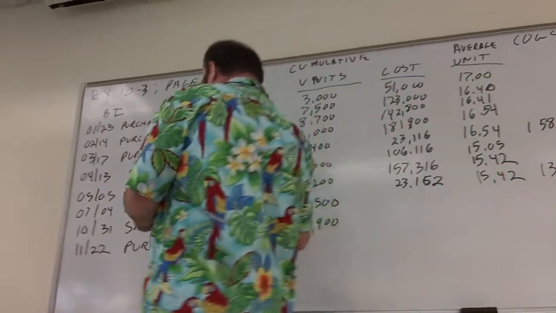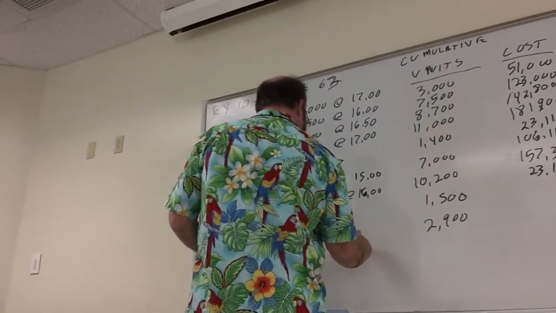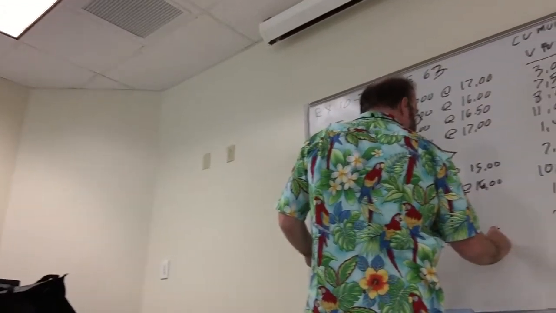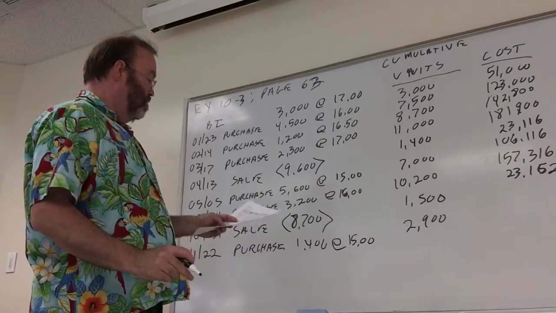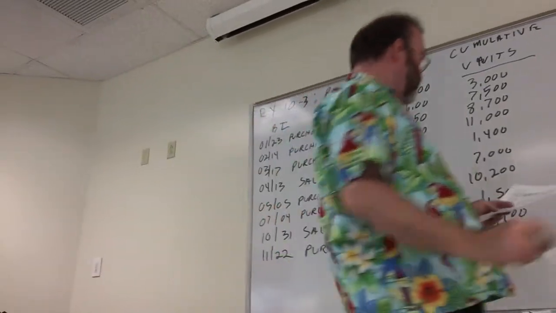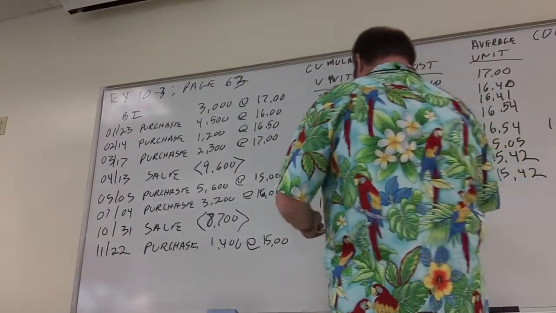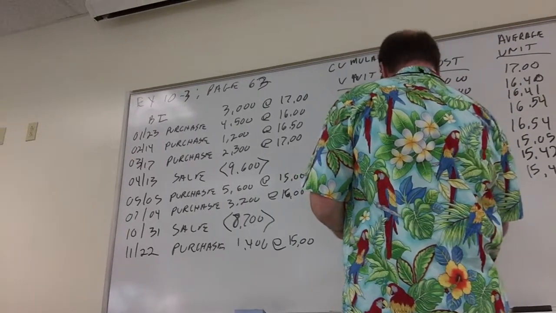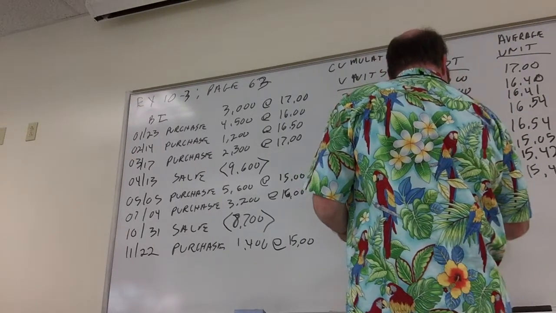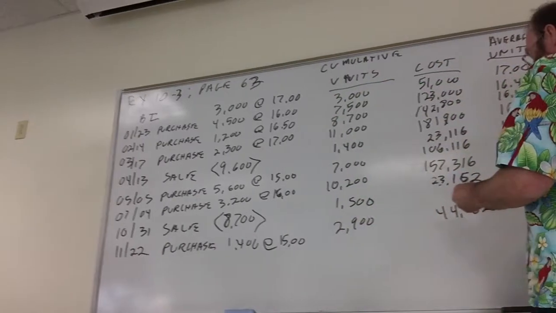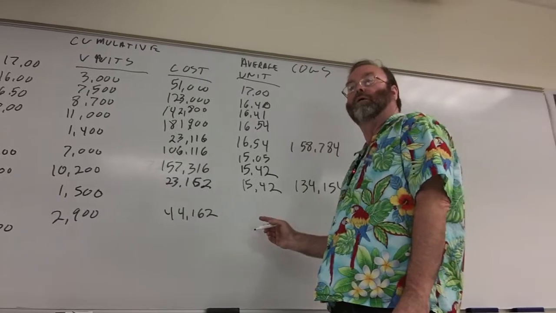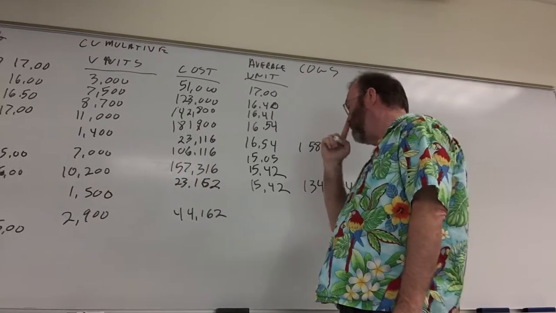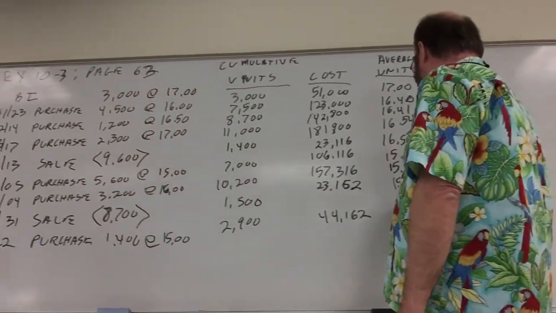Oh, in this one we're buying at how much? 15? Okay. So what's that? Is that 21,000? So cumulative is 44,162, and then average cost of 2,900. 15.23, I guess.